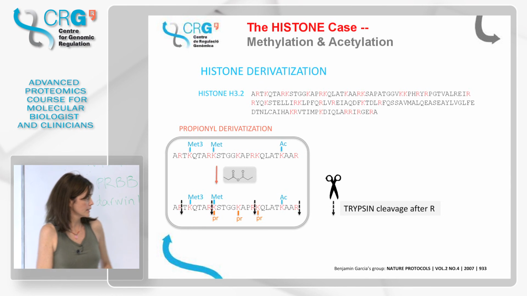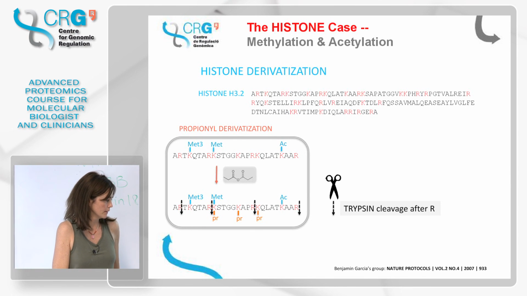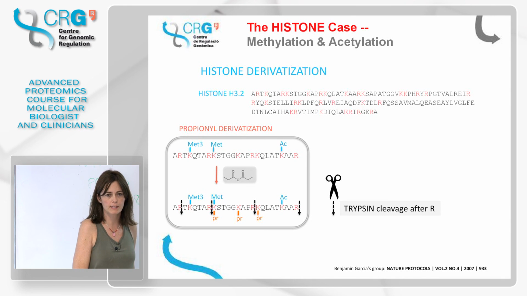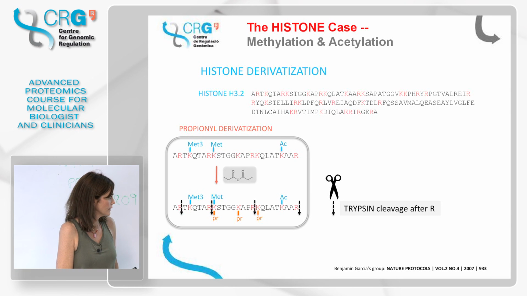So one strategy that has been used a lot, and the group of Benjamin Garcia has been working a lot with this, is derivatization, which is alkylating these lysines with propionyl. They use propionic anhydride to alkylate the sequence. So when we have one methylation, for example here, the lysine also gets propionylated. Same for the lysines that are not modified.